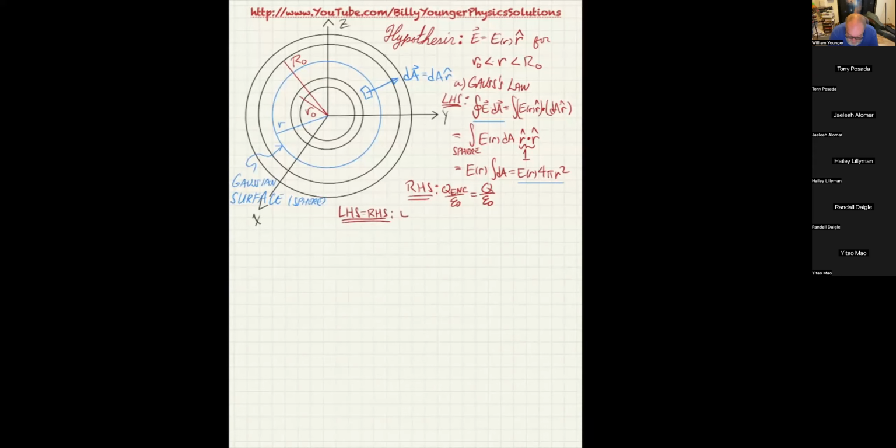That gives me E of R times 4 pi R squared equals Q over epsilon naught. Employing our hypothesis and solving for E of R, I get E equals Q over 4 pi epsilon naught R squared, R hat. And that is the electric field between the two spheres. Any questions on that?